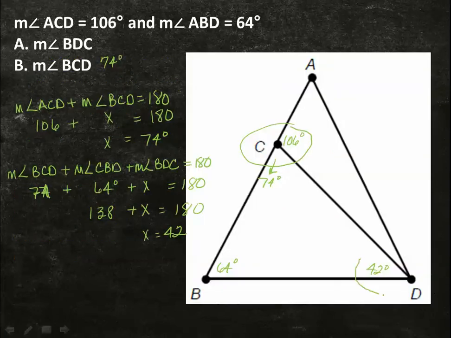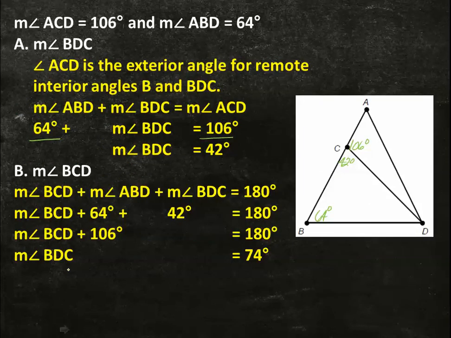I said this one was 42 and this one was 74. They said BDC was 74. They just switched them. I don't know if I totally agree. I don't agree with their math. It still adds up to 180 though.